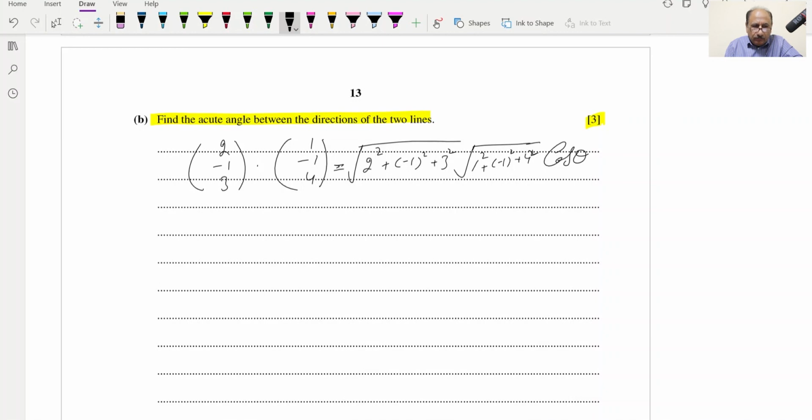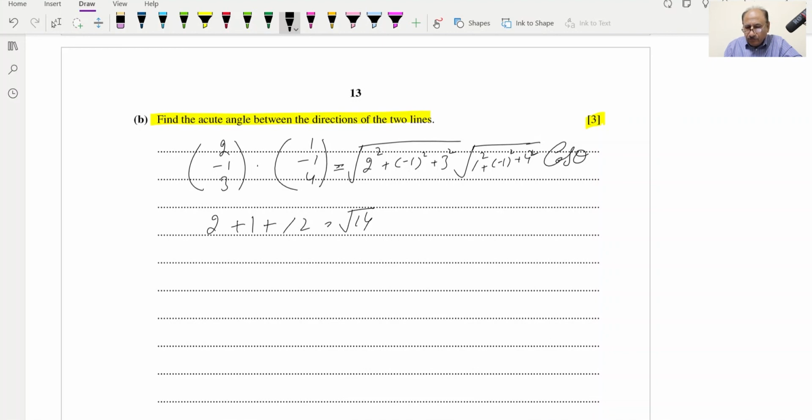Now we can multiply these two and we'll get 2, and minus 1 times minus 1 will be plus 1, and 3 times 4 will be 12. So plus 12 is equal to: this will be 9 plus 4 is 13, and 13 plus 1 will be 14.